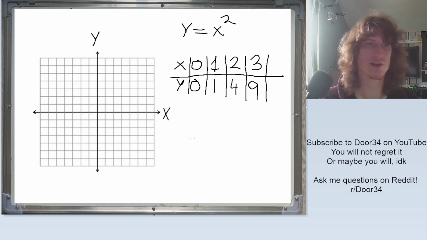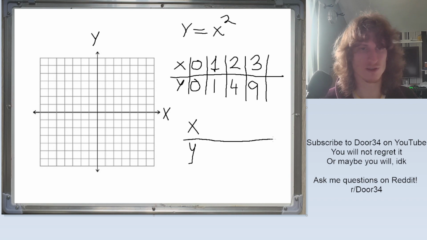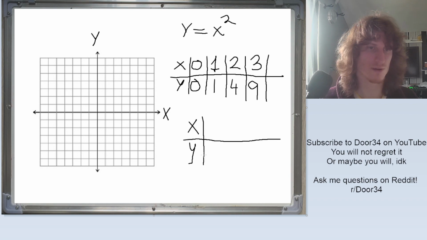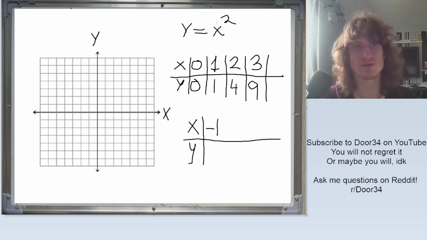And the interesting thing with an equation like this is actually when we go into negative numbers. So I'll do a separate, well, it's not really a separate table. Like if you imagine we had more room, we could draw these in, but it doesn't really matter. So let's let x equals negative 1. Right, so we get that y is equal to negative 1 squared.